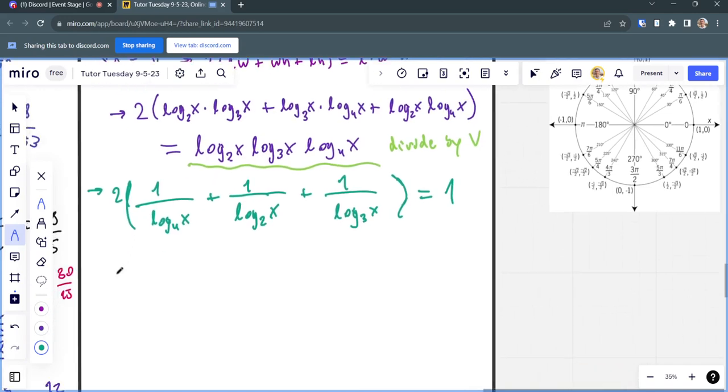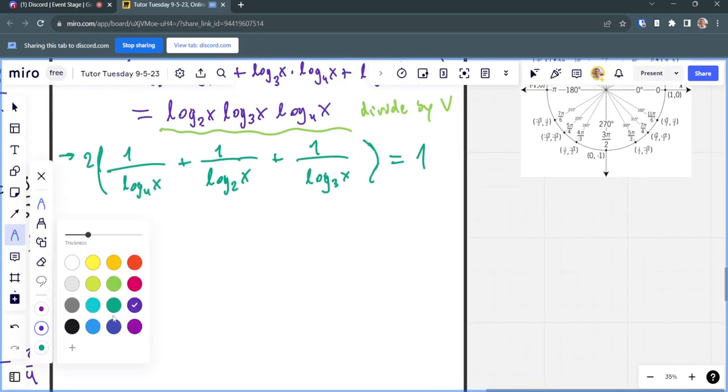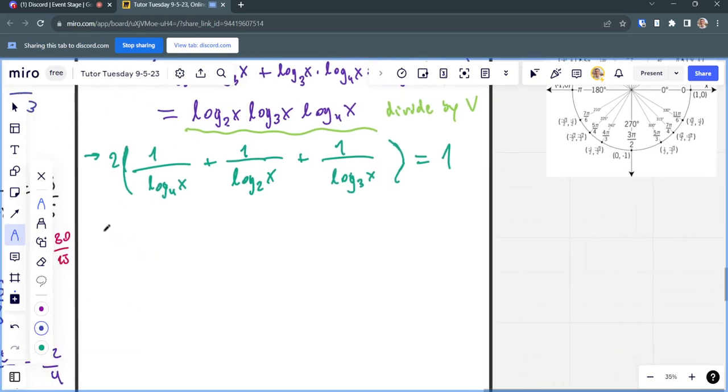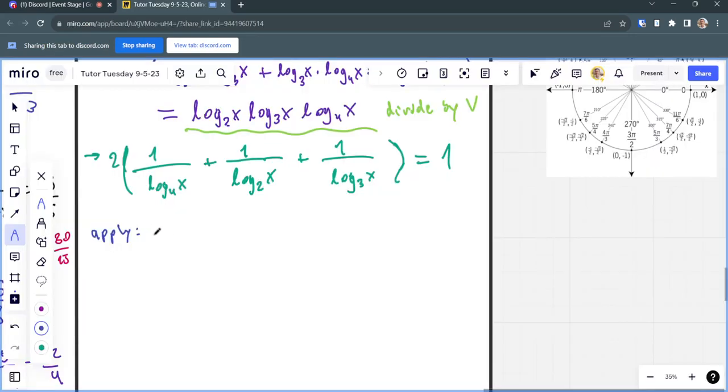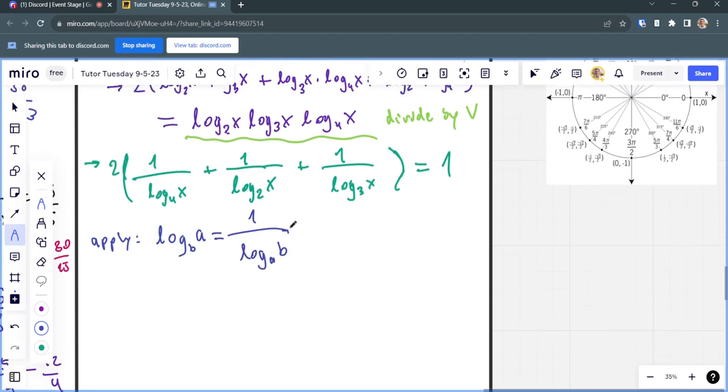Who knows the exponent rule that we're going to use next? Because I definitely had to have a refresher on this one. But we could apply the fact that log base b of a is equal to 1 over log base a of b. Who even remembers this rule? I had to refresh myself to even solve this question.